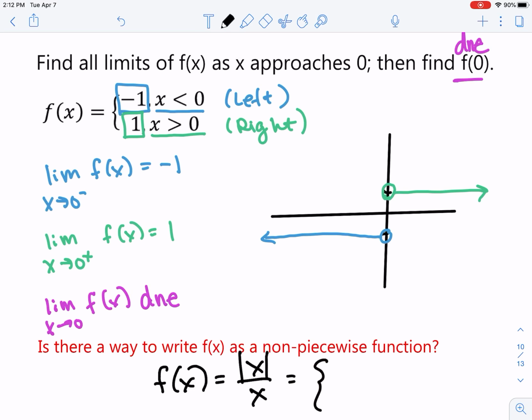Let's try our negatives first. Plug in a negative x, like -10. I would get +10 over -10, which is indeed -1, right? And that would be true for any negative input.